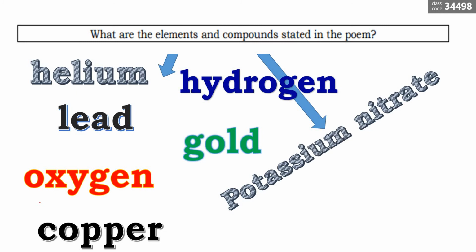It was stated there that there is a potassium nitrate and carbon dioxide. So these are the elements and compounds stated in the poem.